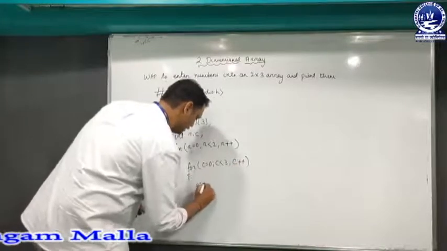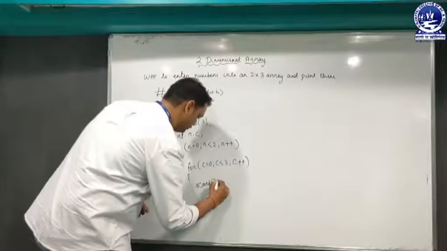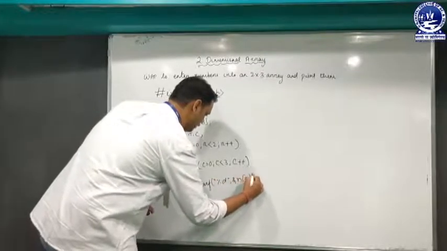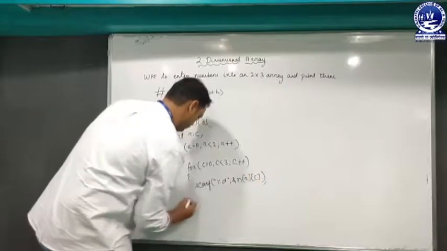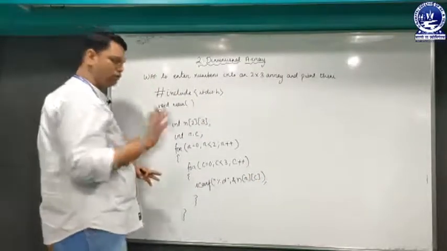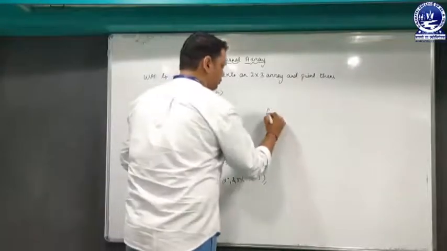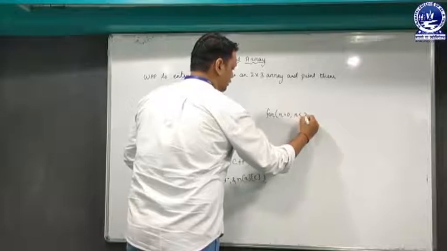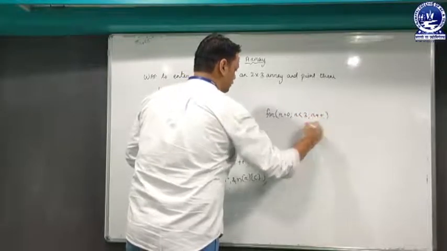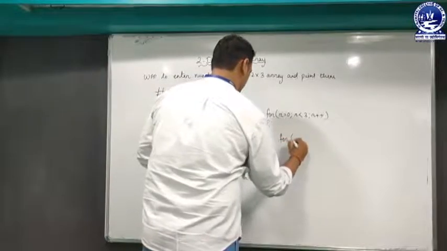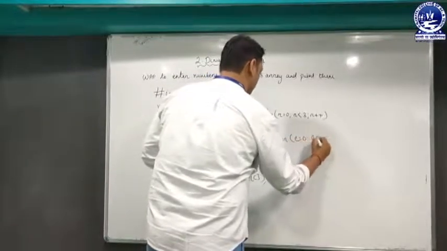Now we will be accepting the values using scanf, ampersand n of r c. We will be explaining using the rough work. So now we need to print the values. So r equal to 0, r less than 3, r plus plus. For c equal to 0, c less than 3.